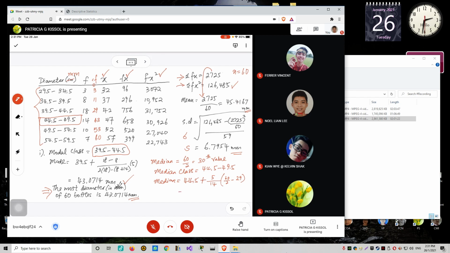So when you calculate this, have you calculated it? So we have 30 minus 29, times 5 over 14, plus 44.5. That would give us 44.8571 millimeter as your answer.